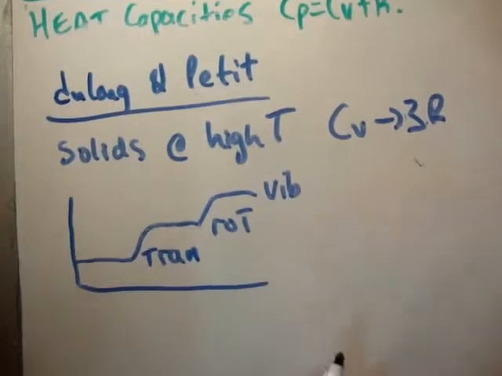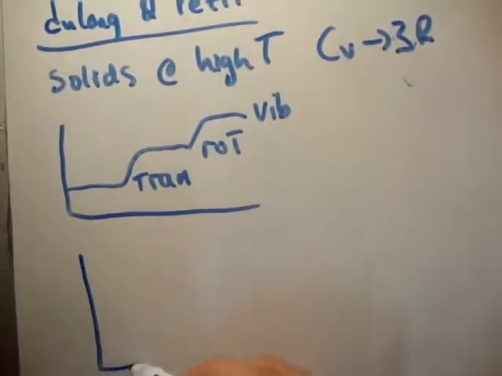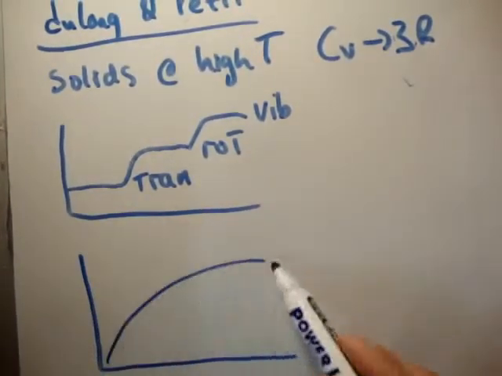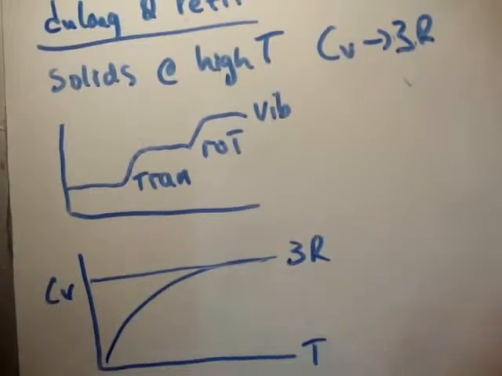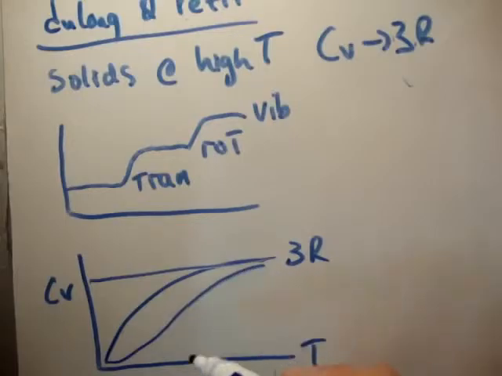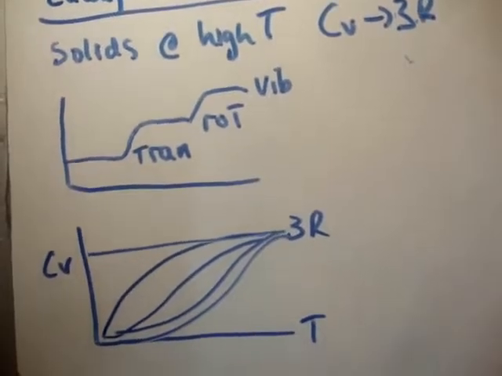And we find that in actual fact all solids will get up to 3R if you get to a sufficiently high temperature. That might be aluminium, or sapphire, and so on. All the solids at some stage will approach 3R for their heat capacity at constant volume.